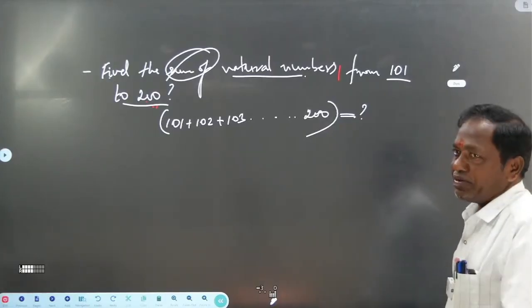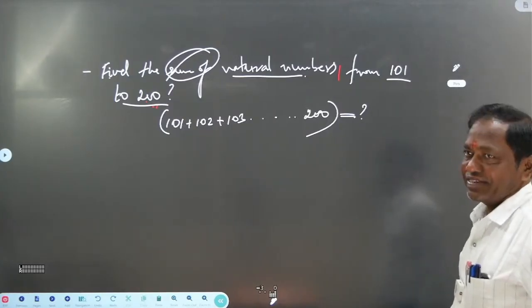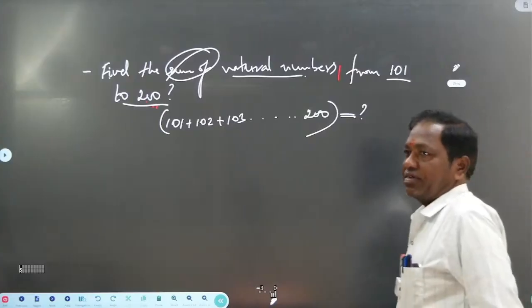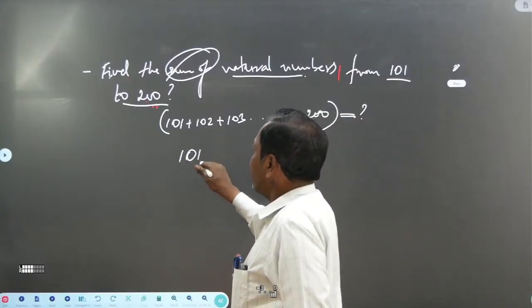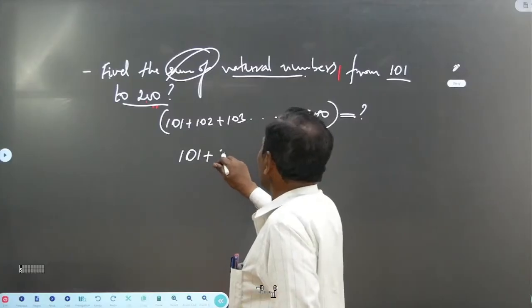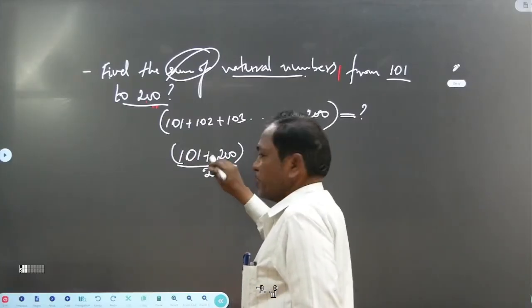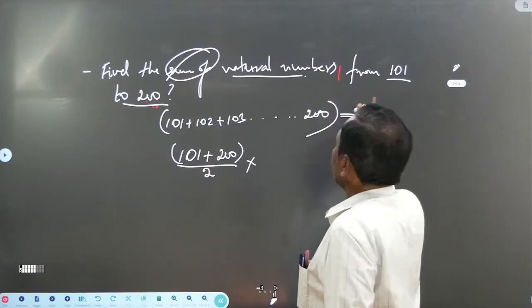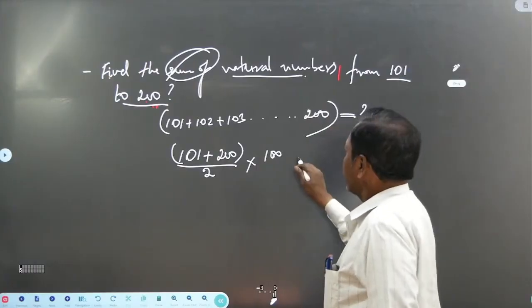Again, they are consecutive numbers. What is the methodology we are learning? First number from the beginning and first number from the last. You get the average, multiplied by the number of observations. How many observations are there? 100.